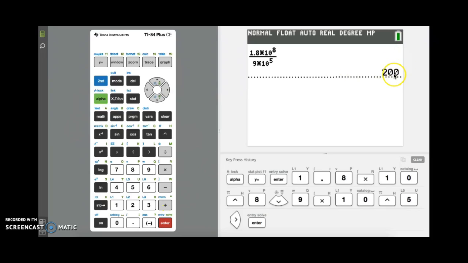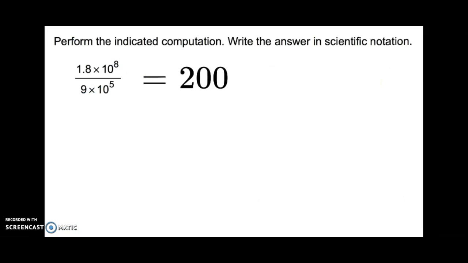But now we have to write that 200 in scientific notation. So let's go back and do that. I have a decimal point here for the 200, and I have to rewrite this so that the number is between 1 and 10. So I move the decimal place to the left 2 places. That means I'll be left with 2.